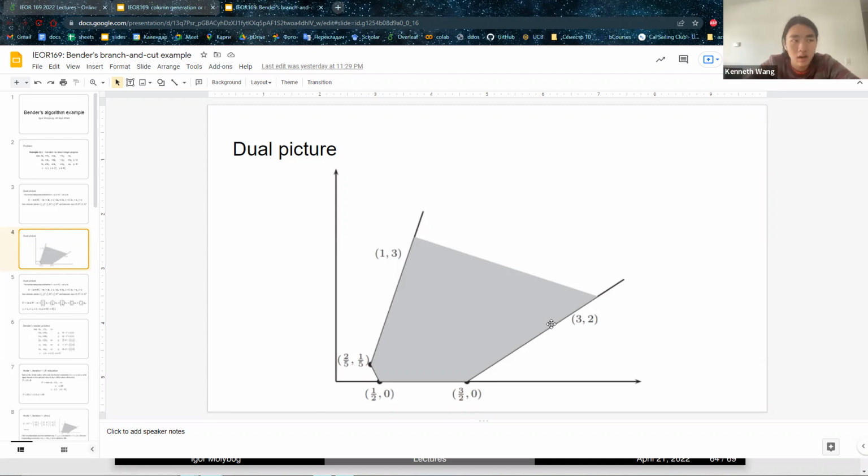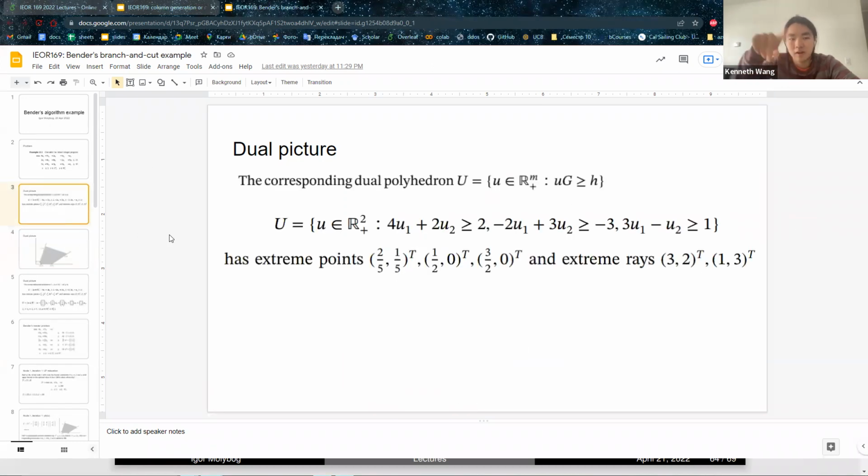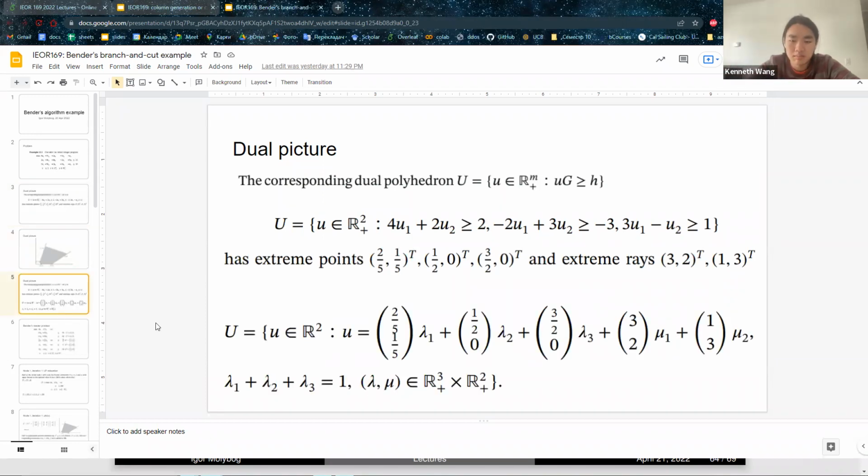But I can see that if you deviate upwards, if the slope of the extreme ray increases, then you're not going to be feasible. But if your slope decreases, then you would still be feasible, right?